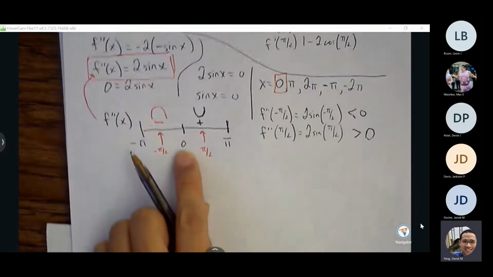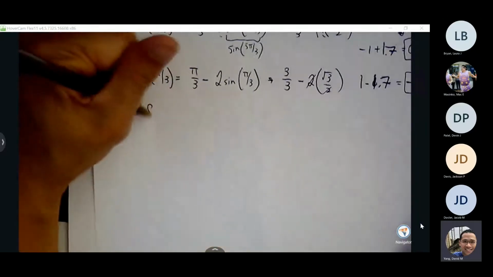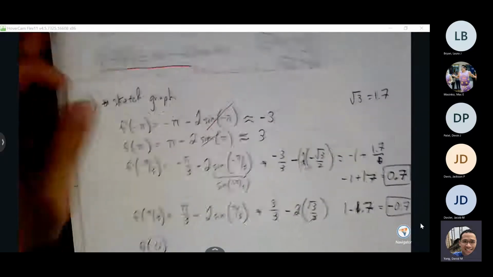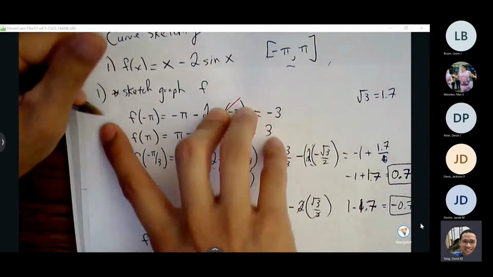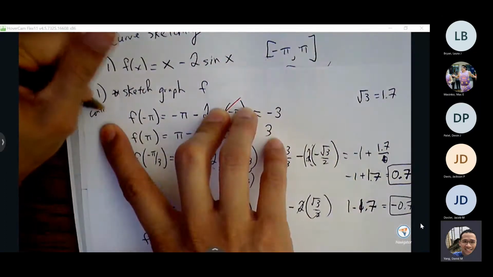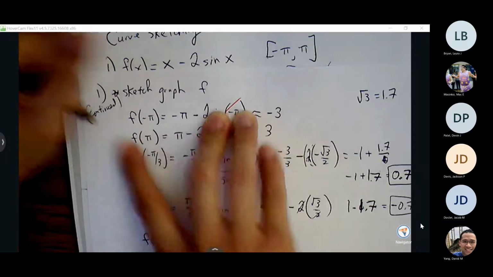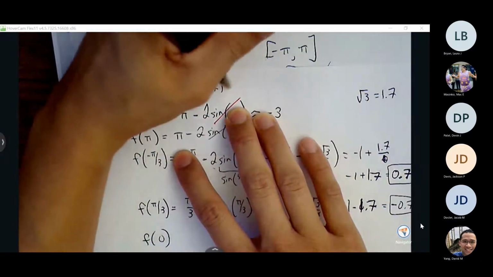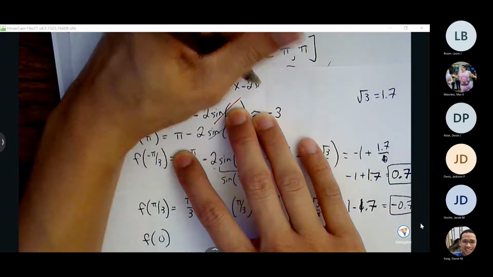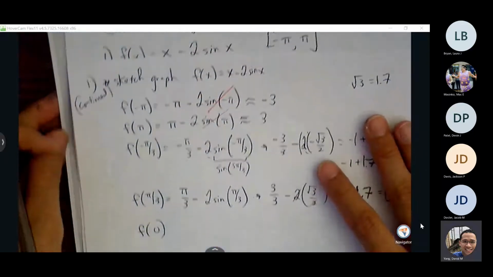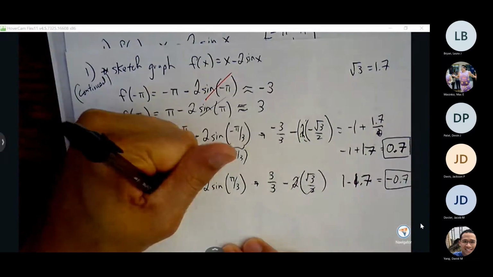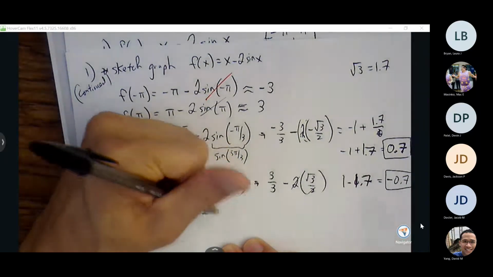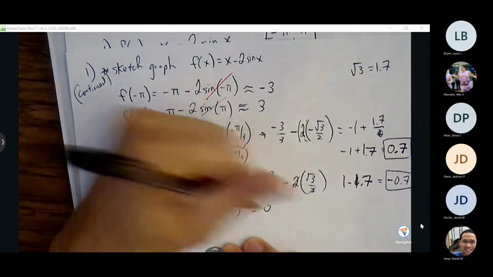Point of inflection is at 0. Which is 0.